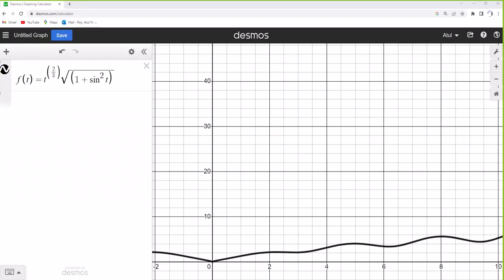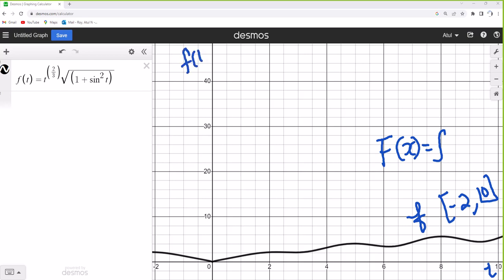All right. So let us consider a continuous function f that's defined on the interval -2 to 10, and we shall take up the function capital F(x) as the integral from -2 to x of f(t) dt. Here is our t-axis and here is our f(t)-axis.